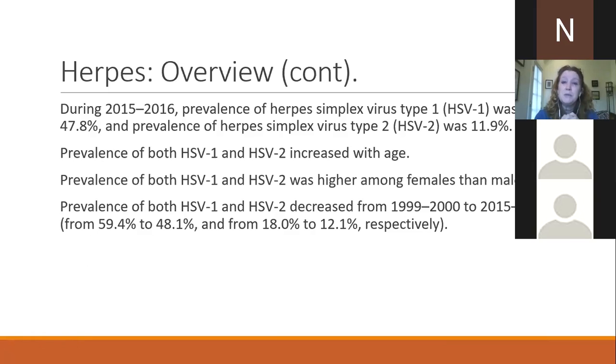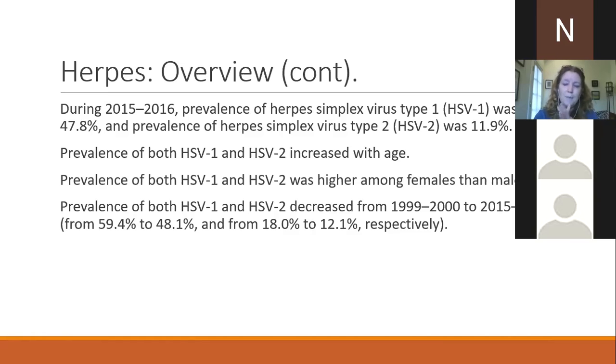I think the big news with herpes is herpes type 1. The prevalence is really high. There's a lot of herpes type 1 compared to herpes type 2, and that's because a lot of people have cold sores, so we see that a lot. And of course, the risk of both of those increases with age, because once you have it, you've got it. So the numbers just keep going up as age goes up.